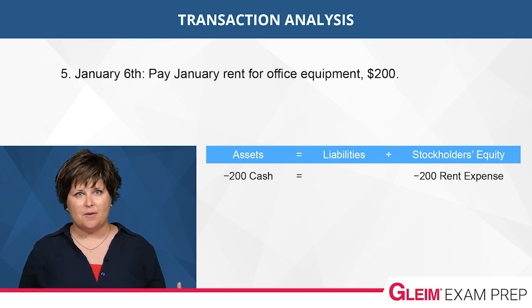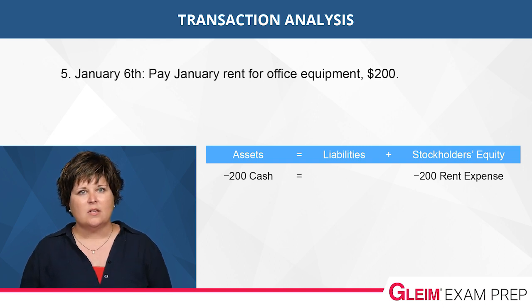What did we pay with? Cash, of course. But notice how the transaction doesn't say cash this time. This is where accounting students must practice to become familiar with the seemingly endless ways to describe a transaction. Since we paid cash, the asset cash will decrease $200.